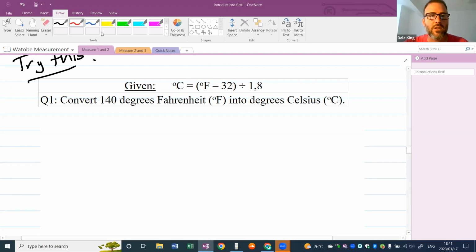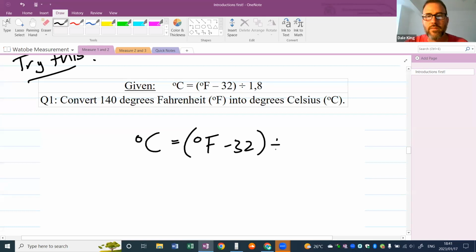We're going to write this part. I'll write the whole formula out first, and then I'll put in the values that we need. Don't forget the brackets. Okay, so that is the formula. And now I'm going to put in my degrees Fahrenheit. My degrees Fahrenheit from the question are 140 degrees Fahrenheit.